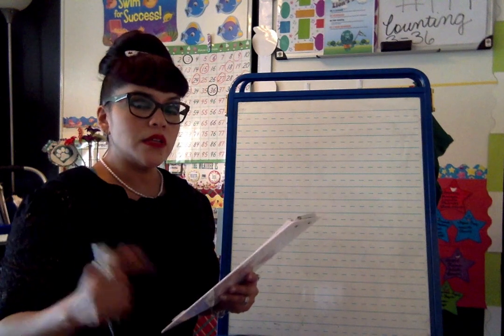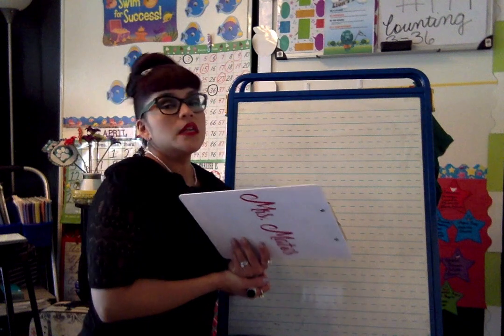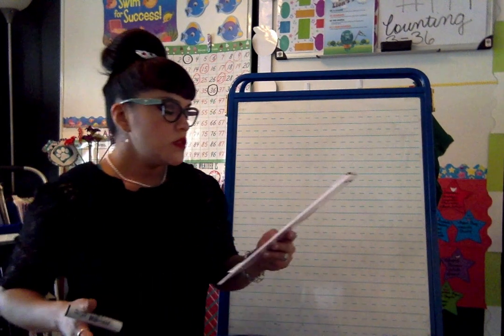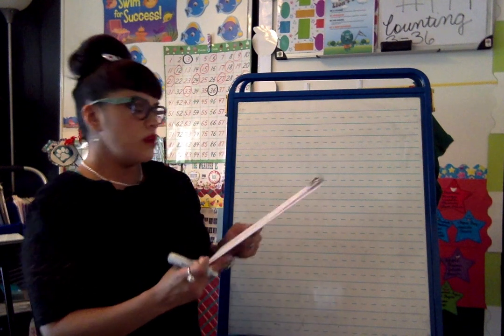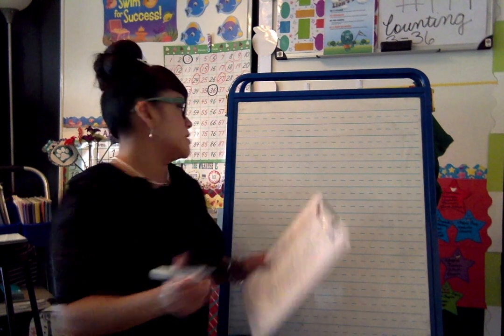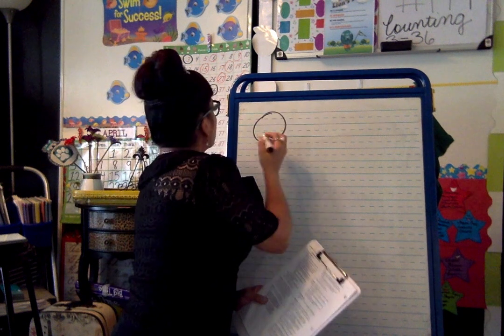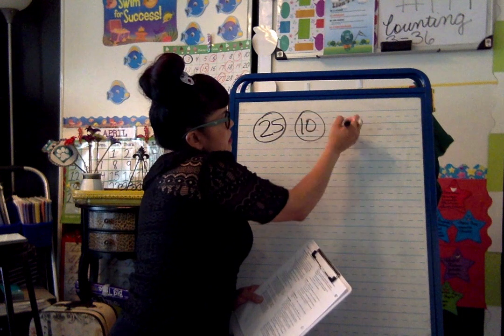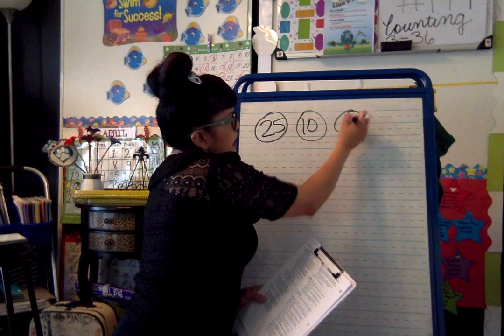1 quarter, class, do you guys remember what the value of a quarter is? The value of a quarter is 25 cents, all right? So Tanya had 1 quarter plus 2 dimes, right? If this is my quarter, and then I have 1 dime here, 10 cents is the value, plus 10, right?